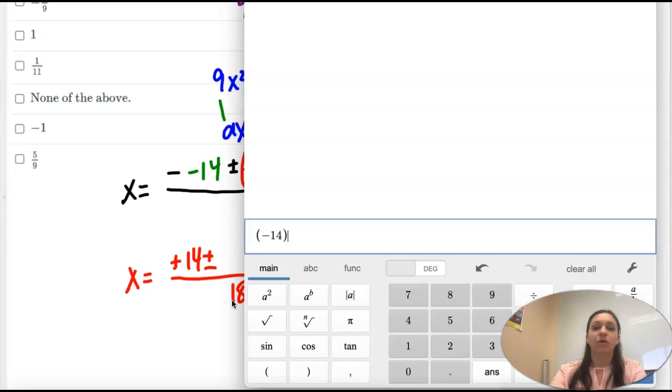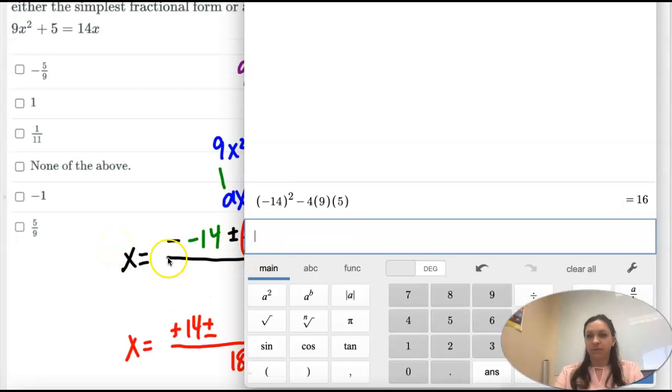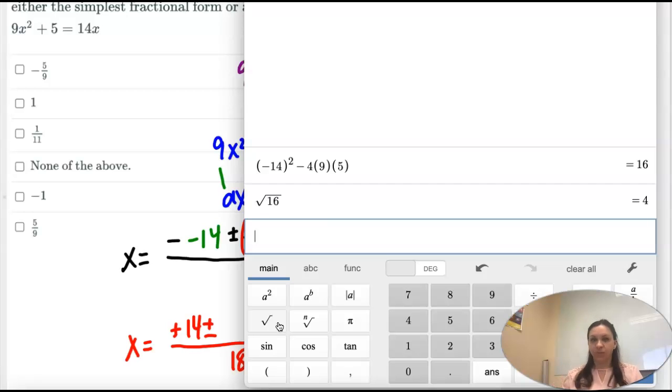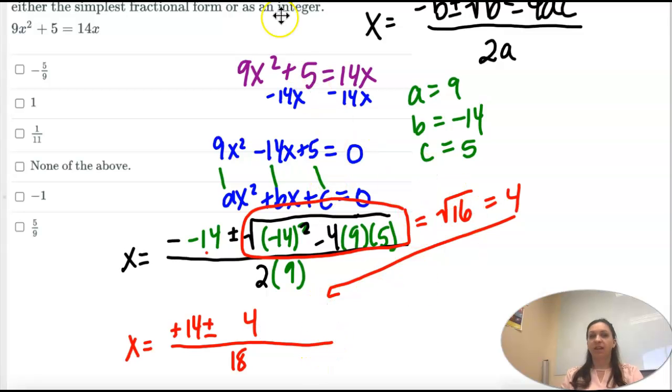So I have negative 14 squared minus 4. A is 9, C is 5. So that's the square root of 16, but the square root of 16 is 4. So this whole thing becomes the square root of 16 and then 4. So that's what goes here. All I did was simplify that one section.